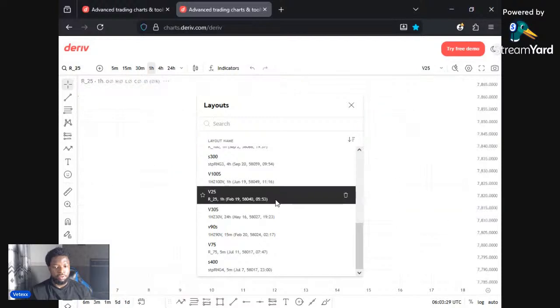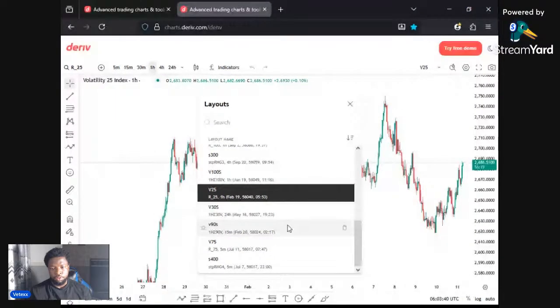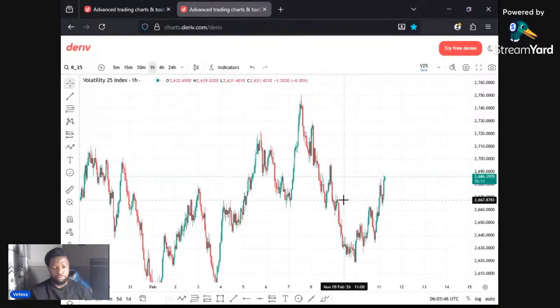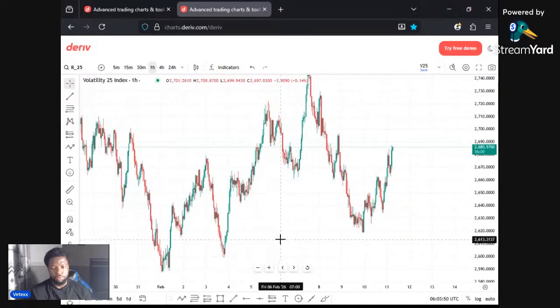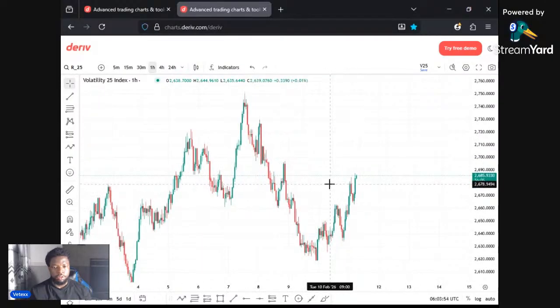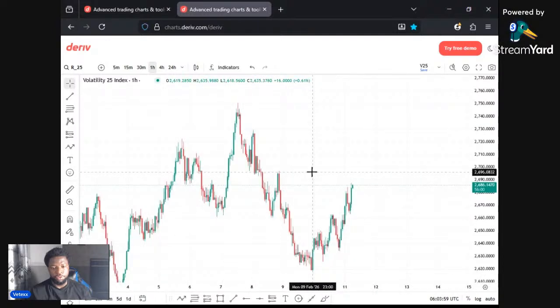Next pair I'll be checking is V25. What do we have on V25? V25 looks bearish. So this is all I have on V25.